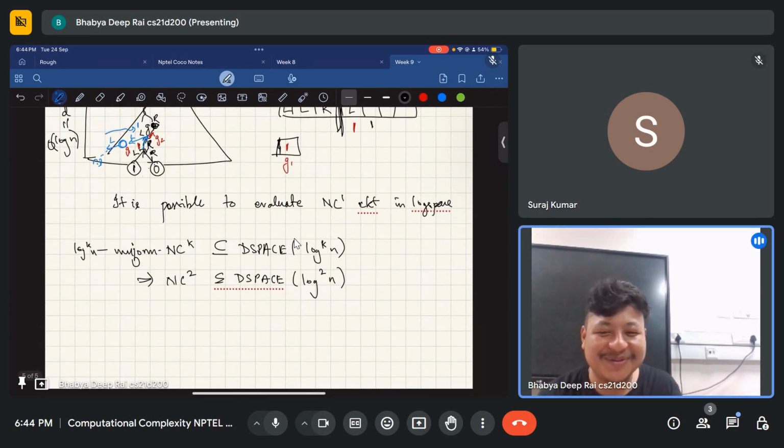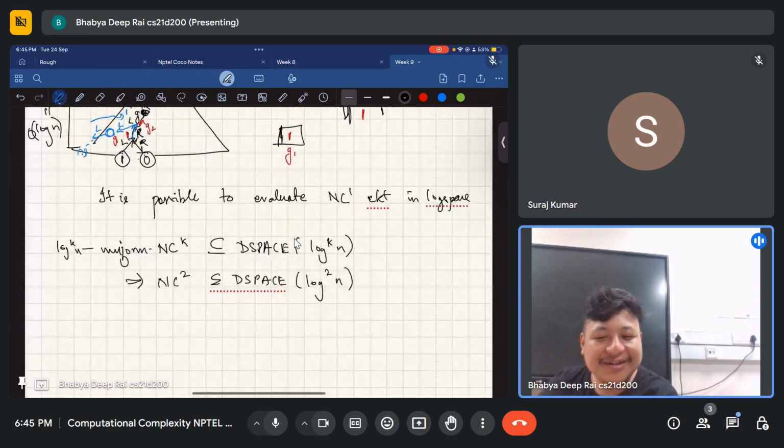Now, do you know an algorithm, do you know a theorem which says something interesting about log square n space? I think that was a bit vague question.